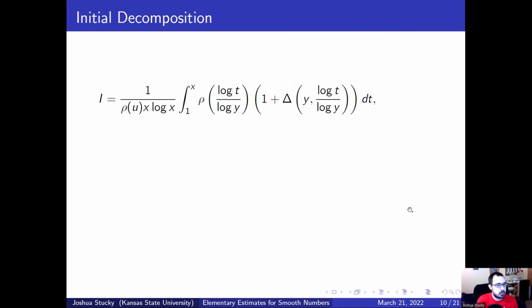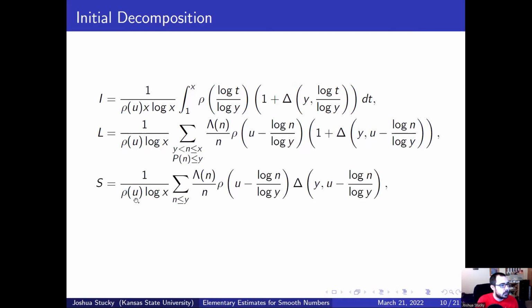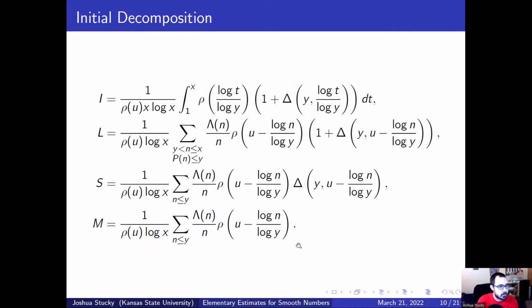So the I is just the integral expression. L is the sum over large values, n greater than y, of this thing. S is the sum over the small integers of this expression. And my main term is the same thing, but it doesn't involve the delta function.